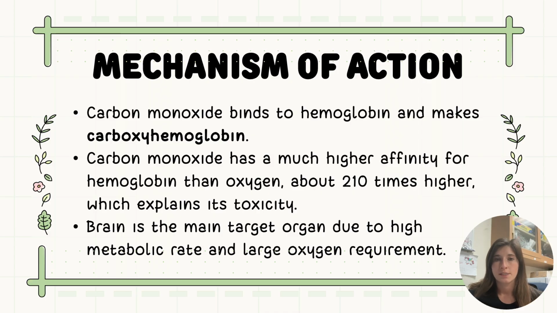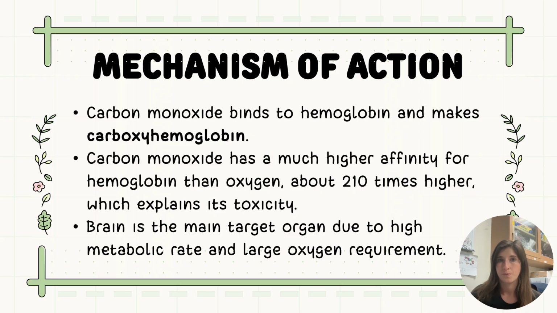Carbon monoxide decreases the oxygen carrying capacity and then the oxygen delivery to the tissues, which is the cause of cellular hypoxia and eventually ketoacidosis. Our brain is going to be the main target organ for this type of toxicity because the brain has a really, really high metabolic rate and as a result has a really, really large oxygen requirement.